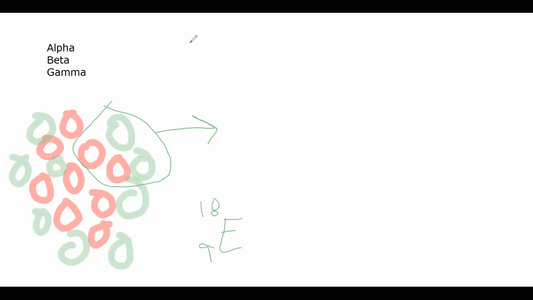So then with the alpha particle, this is an alpha particle over here, leaving, you'll have an atomic mass minus 4, so that'll be 14, and the number of protons will be minus 2, which is 7. So that's how it decreases.